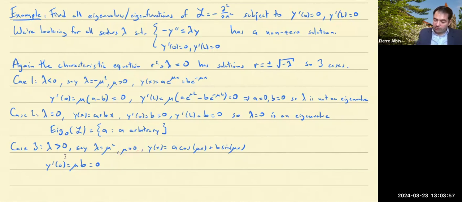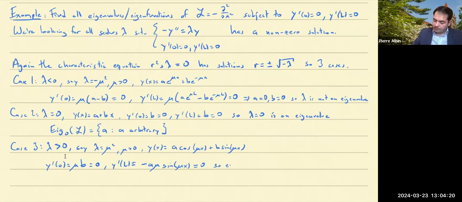So when we do our next boundary condition, we can ignore this term because b is already equal to 0. So y prime of L is going to be minus a times mu times sine of mu L. And we need this to be 0.